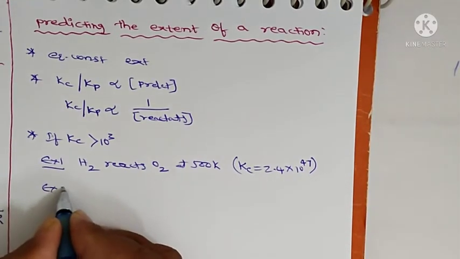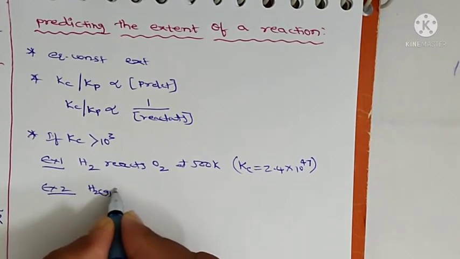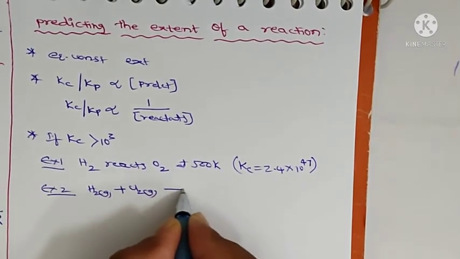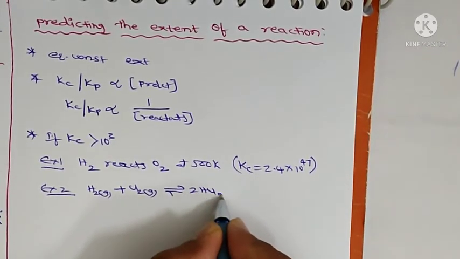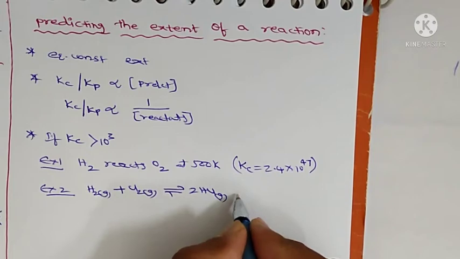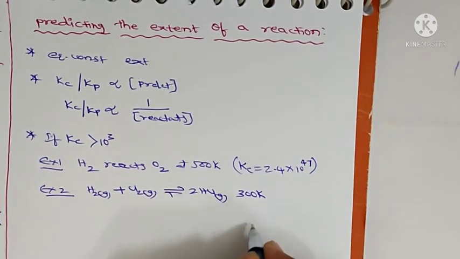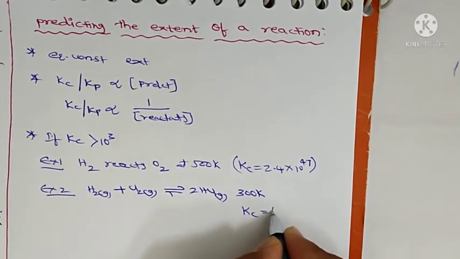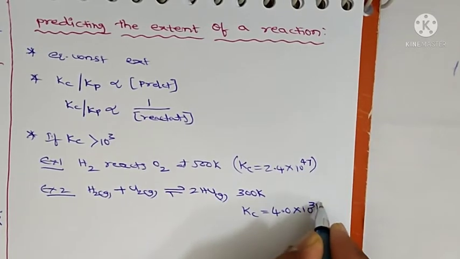Next, example number 2, H2 gas reacts with Cl2 gas in equilibrium with 2HCl gas at 300 Kelvin, and here the equilibrium constant Kc is equal to 4.0 into 10 to the power of 31.